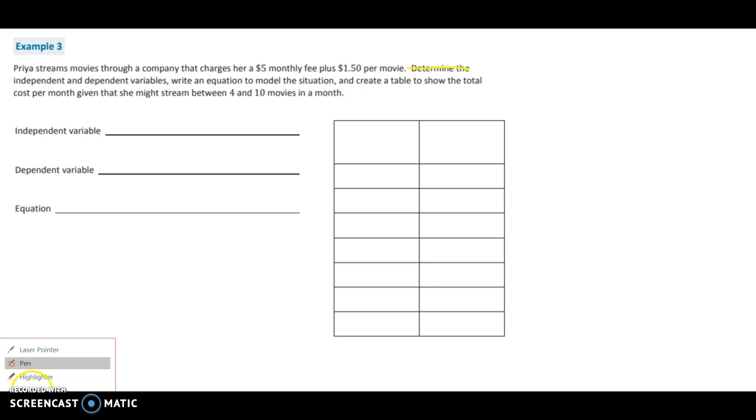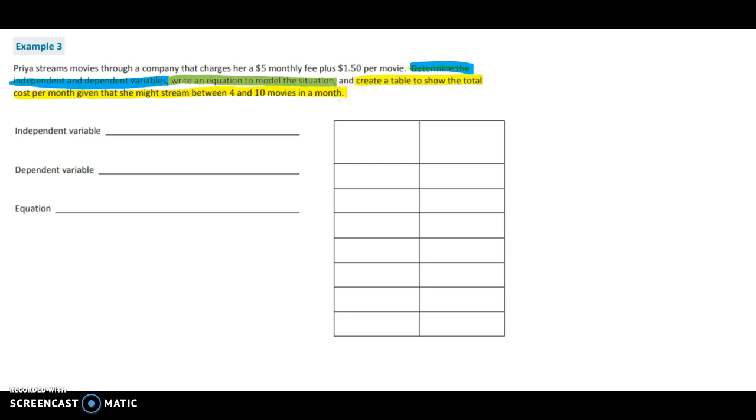Let's determine the independent and dependent variables. Then we're going to write an equation to model the situation. Next, we are going to create a table to show the total cost per month for 4 through 10 movies per month.